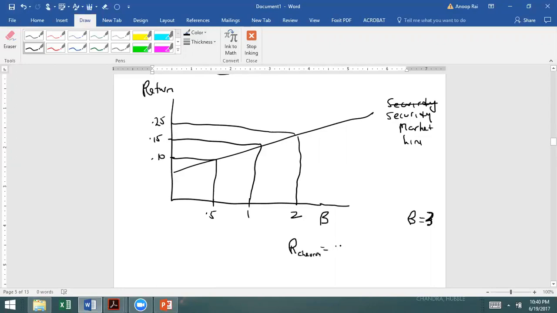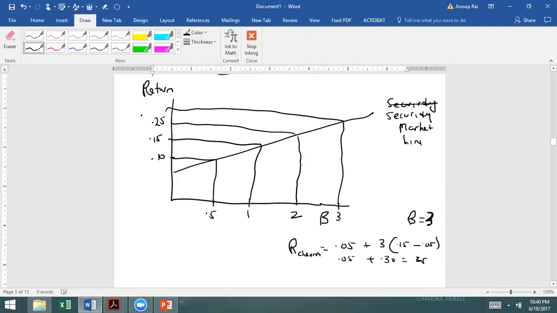So it'll be 0.05 plus 3 times the expected return on the market, 0.15 minus 0.05. So it's 0.05 plus 3 times 10. So I should demand 30% premium for 35%. So if a beta is 3, I should demand 35% return.